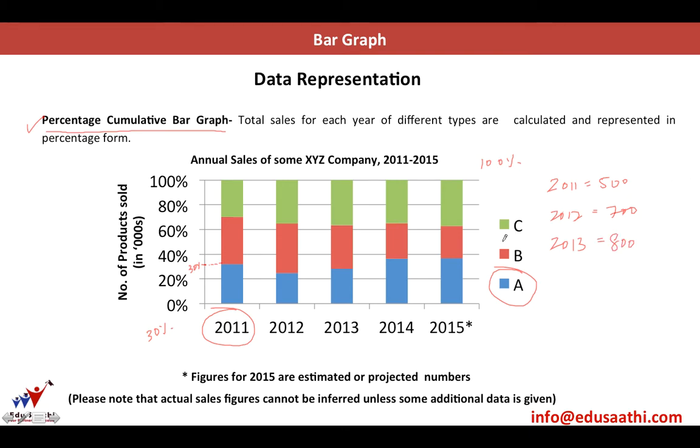So if they ask how much product A sold in 2011, I know it was 30% of the total, so 30% of 500. So 500 into 30 by 100 gives me 150,000 products for type A.